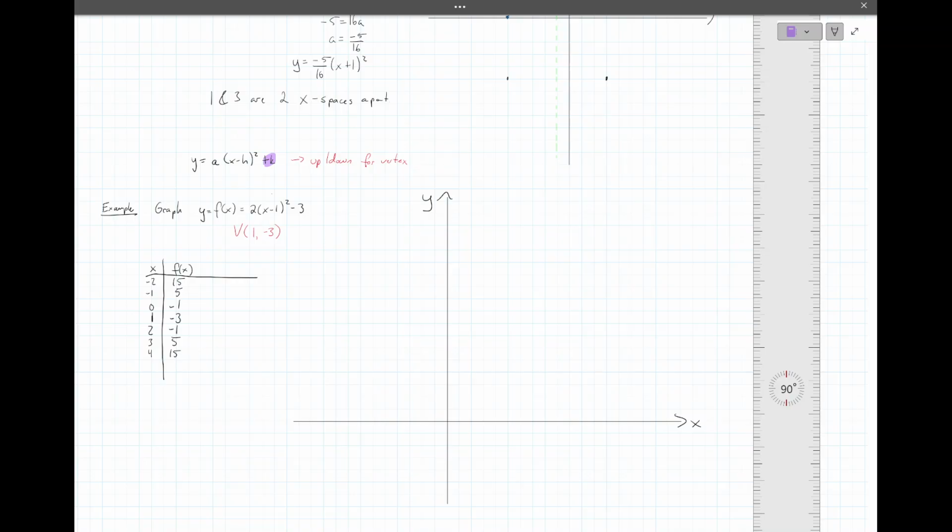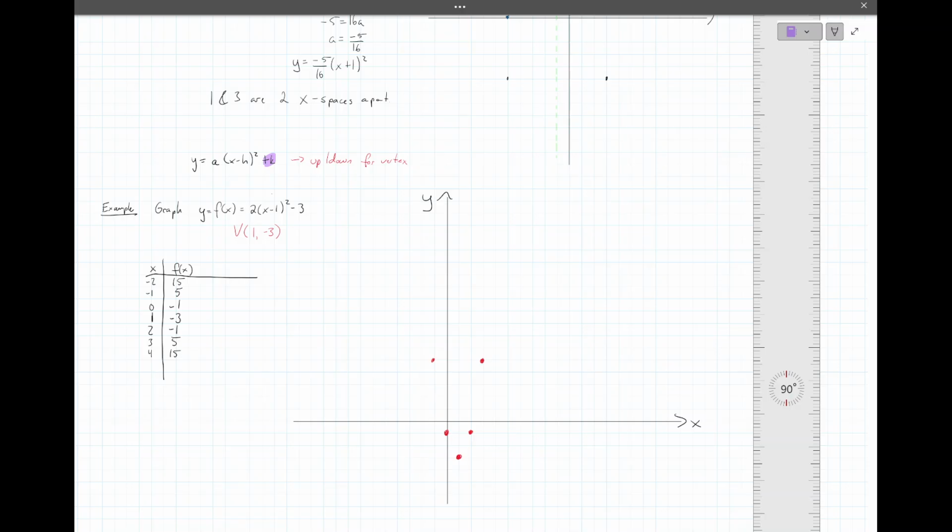All right. And our first point here is at (1, -3). We have (0, -1) as another point. (2, -1) as the other. (3, 5). 1, 2, 3, 4, 5. These are my xy pairs.